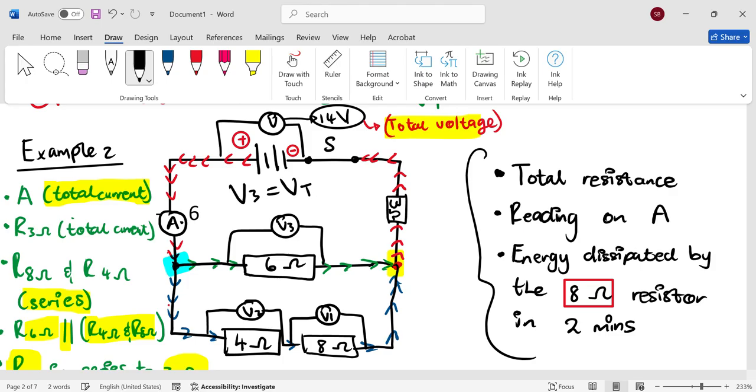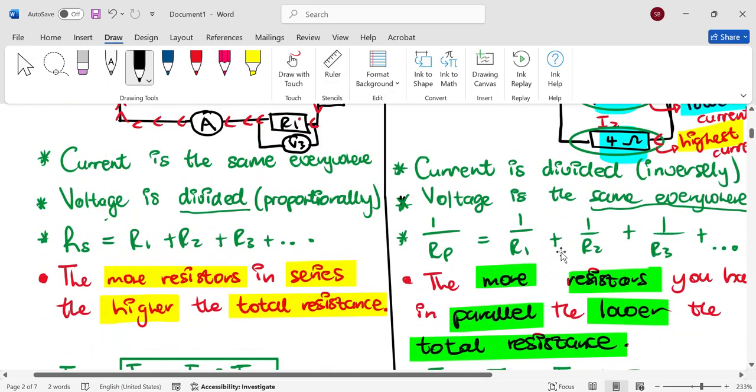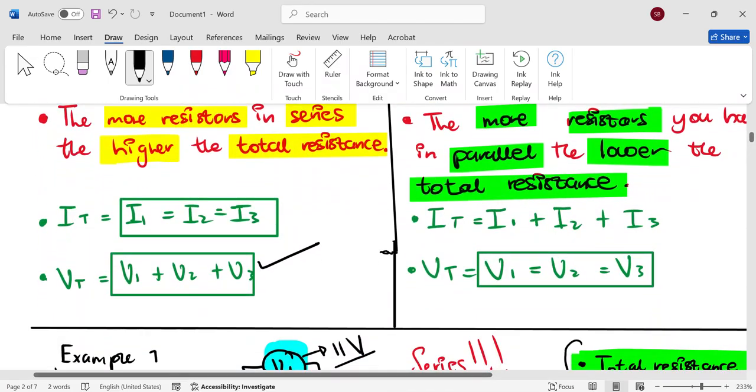So V3 equals V total. Do you agree with me on that one? Why is that? Remember, we said that in a parallel circuit, the voltage is the same everywhere. We said that here. That's when we came up with this equation.